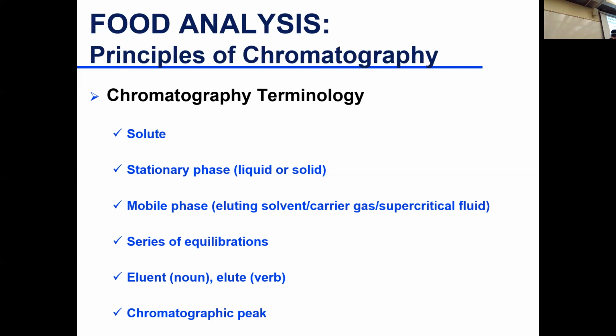The eluent is what is leaving, the noun of the compound that is leaving, or we can say elute as a verb. So your analyte is eluting out of the column. And the chromatographic peak, which I just showed you, it is related to the mode of detection. Are we detecting based on the amount of current generated?